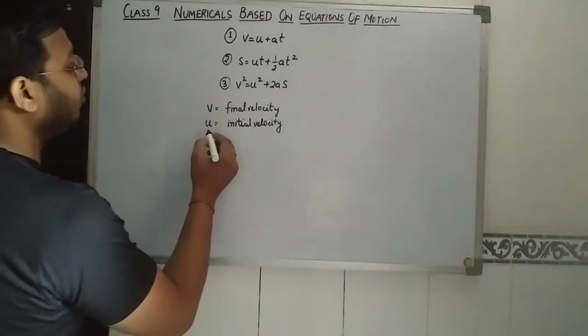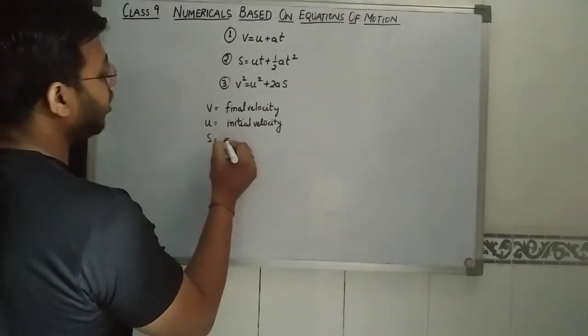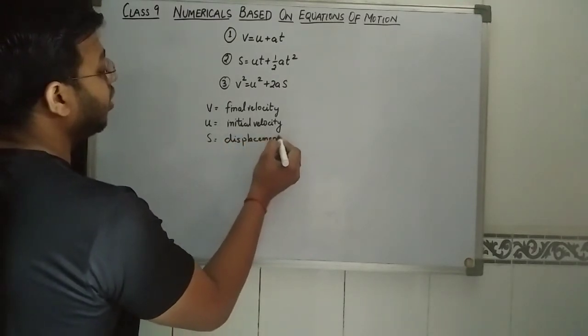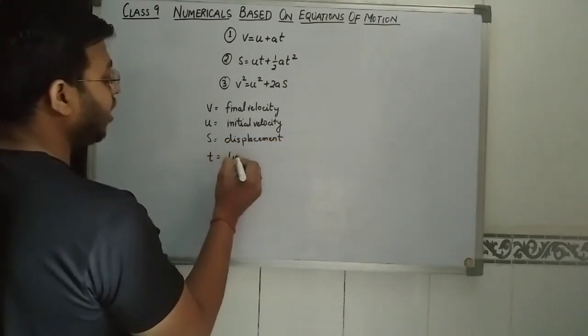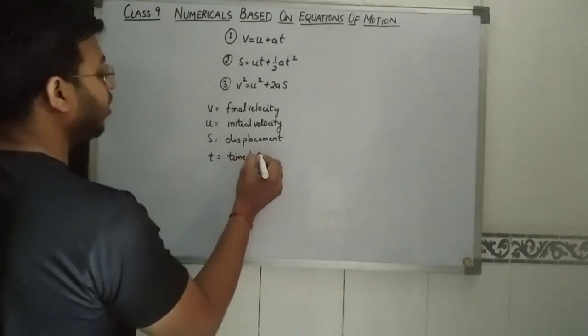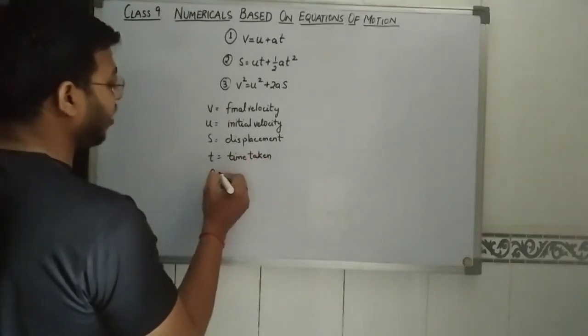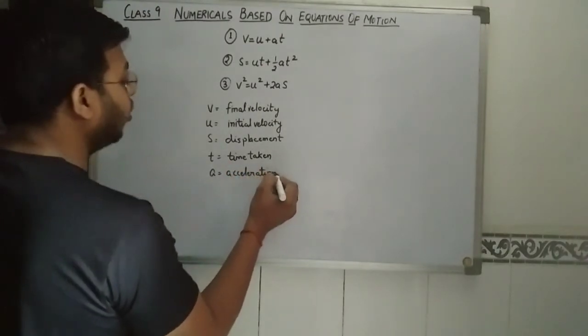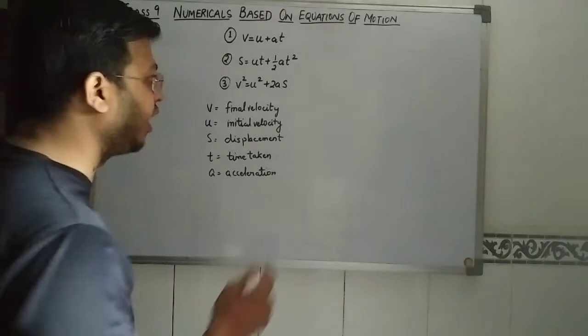So that will be called the final velocity. S here means displacement, T means time taken, and A is for acceleration. So these are all the equations related to uniformly accelerated motion.